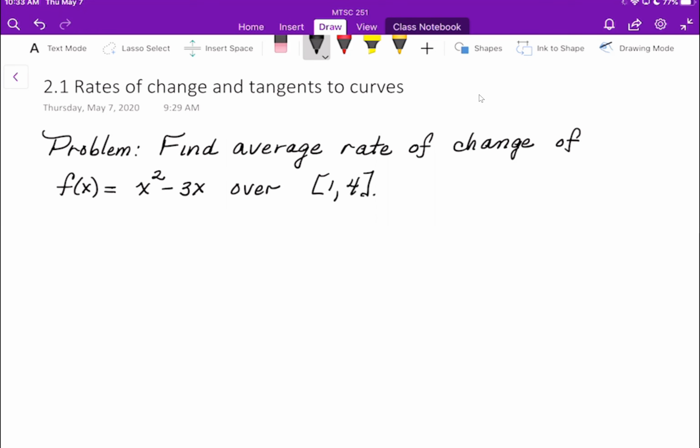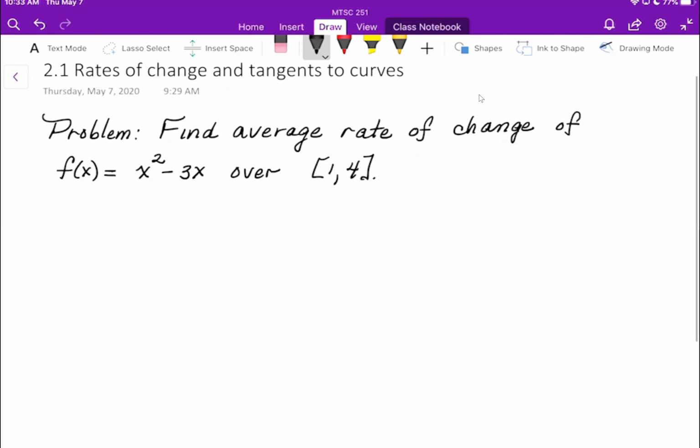Now, we define the average rate of change over an interval AB to be f of b minus f of a all over b minus a.